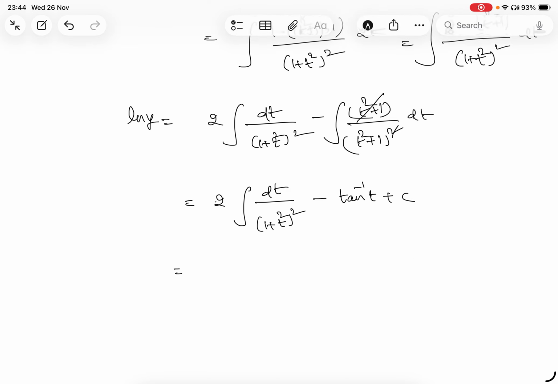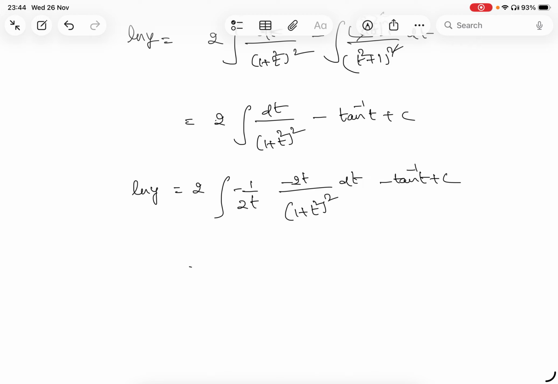Now for this first integral, let's apply a trick here. Just write it down: ln y equal to 2 into integral of, now this can be written as minus 1 by 2t into minus 2t, right? Then you will get 1, there is no change, by (1 plus t square) whole square dt minus tan inverse t plus c. Fine. Then this can be written as 2 into integral of minus 1 by 2t into d of 1 by 1 plus t square.